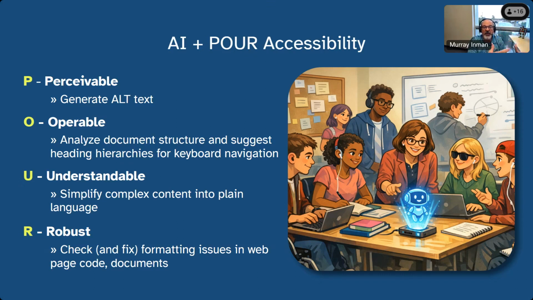You have the way a person is. Maybe they were born without limbs, and so if the only option they have to type into a computer is using a keyboard, that might be difficult for them. So they need a different type of technology, and usually they're referred to as assistive technology.